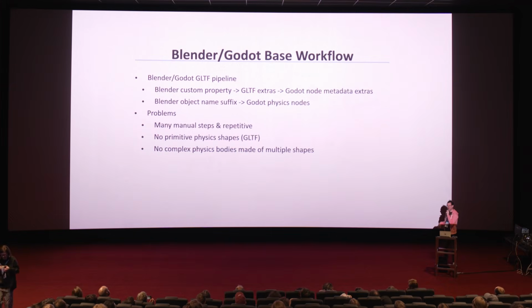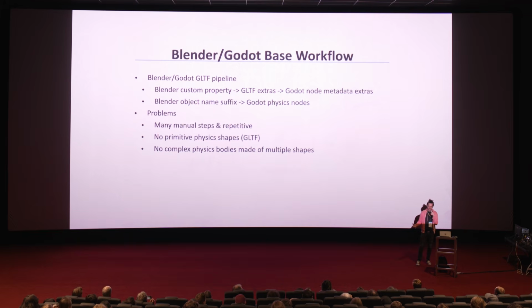All of this behind the scenes is a glTF pipeline effectively between Blender and Godot. In Blender, you can take any custom property and add a value there. When you're exporting to glTF, those custom properties can be written as glTF extras.